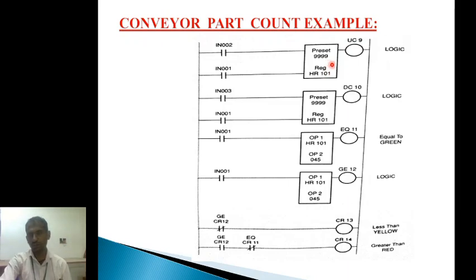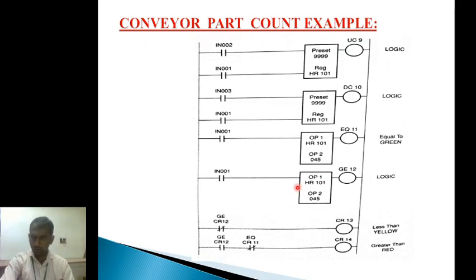Those counters are nothing but one is the up counter UG9 and another is the down counter DC10. So we turn on these two, and we have the values as triple lines. That means either 45 or greater than or equal to 45. So when this is equal to 45, then the green light will be on.